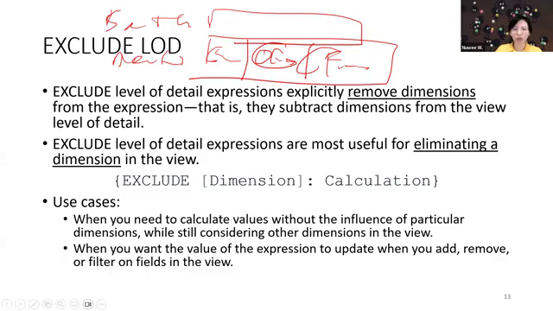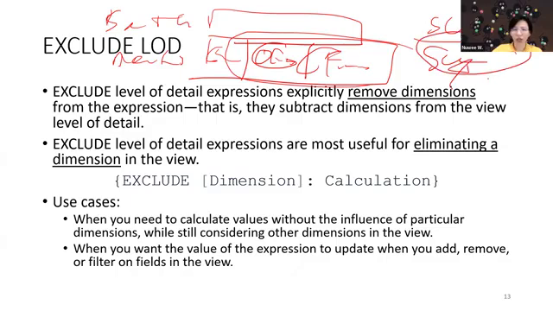So if you divide sum of sales by sum of sales, you will not get that, you get 100% for sure. But the solution is that the denominator has to exclude the category.